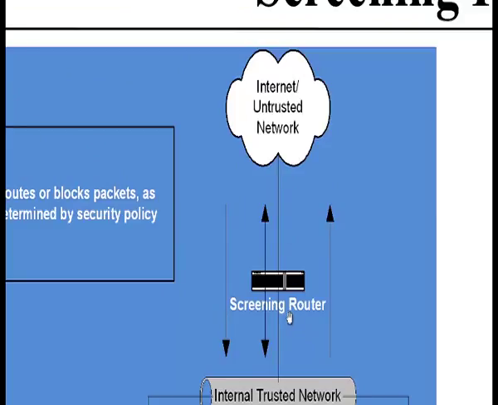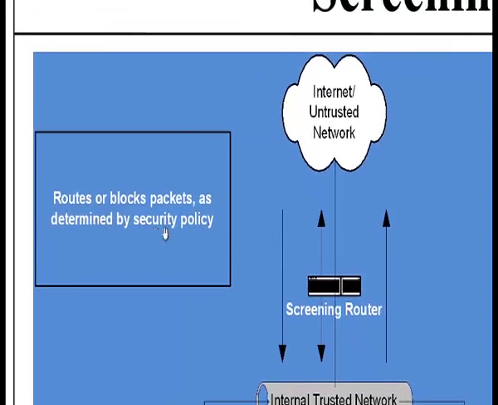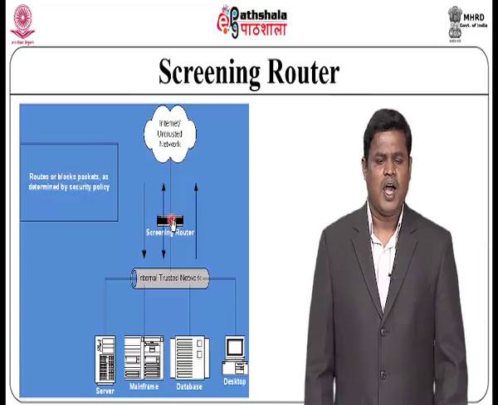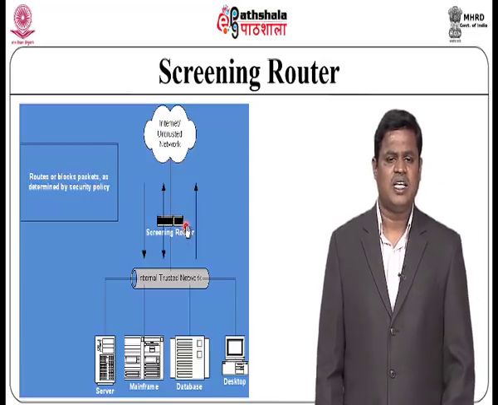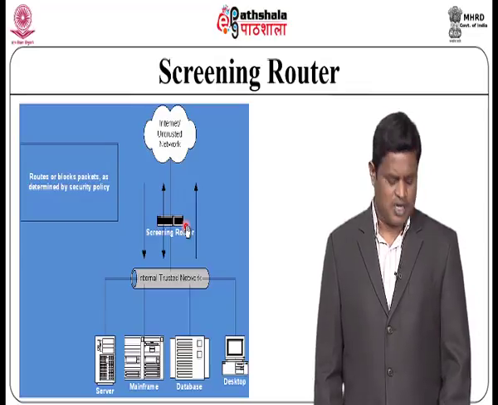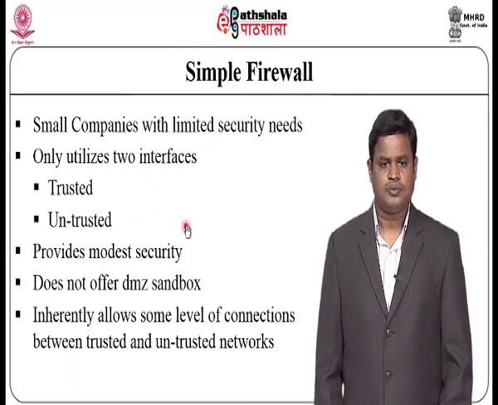So, this screening router allows or blocks packets as determined by security policy. This is our simple screening router, which is the first level or baseline of defense, where I can prevent based on layer 3 information like the source IP address or destination IP address.